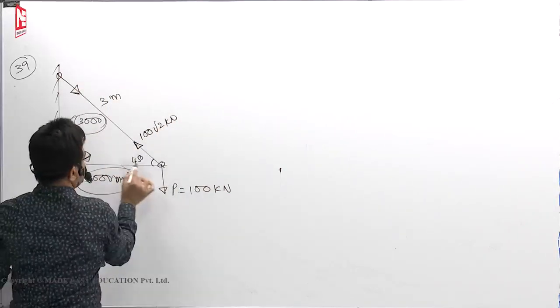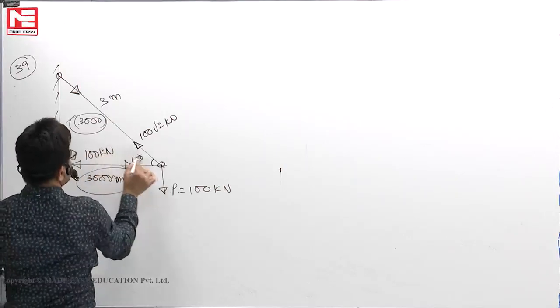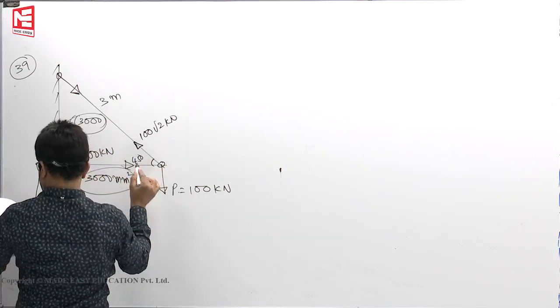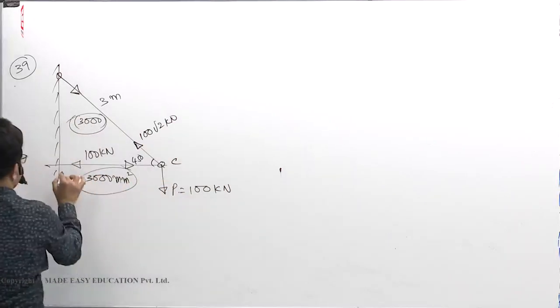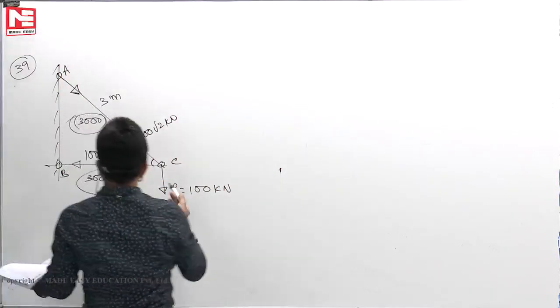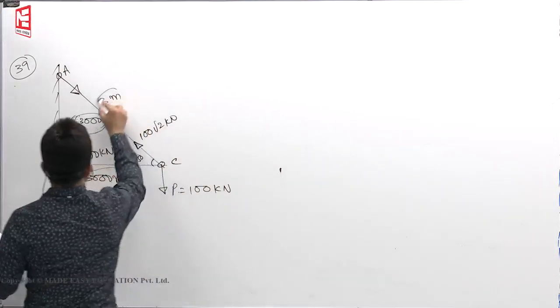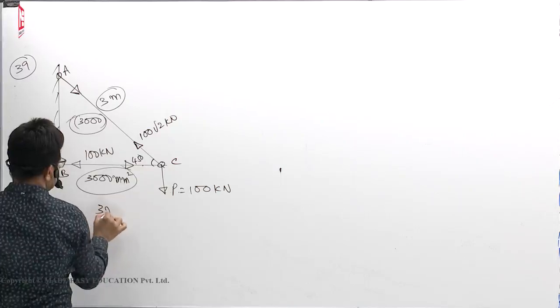Then the other member carries 100. This is 3000 mm, 3 meters; 45 degrees means this has to be 3 meters only.